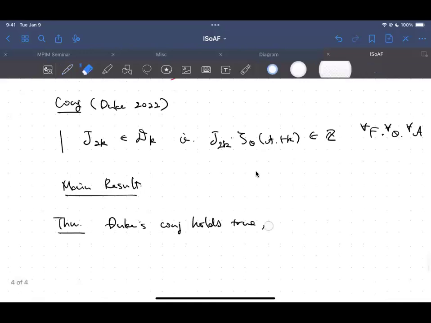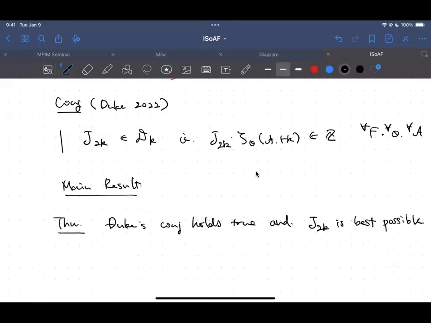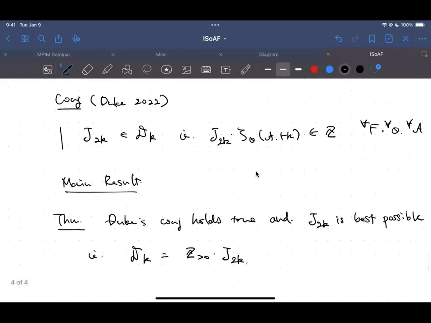And moreover, his upper bound, which is the denominator of the Riemann zeta function, is actually the best possible one. In other words, this set of universal denominators are just the multiples of this denominator of the Riemann zeta function.